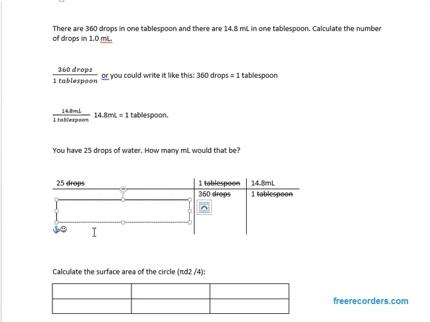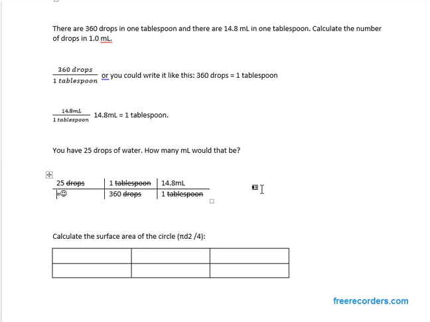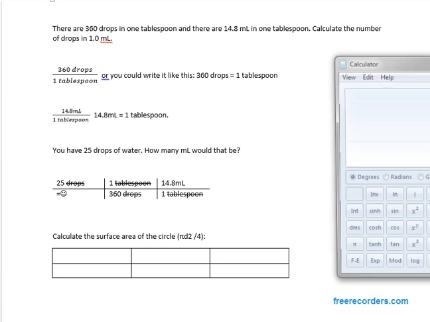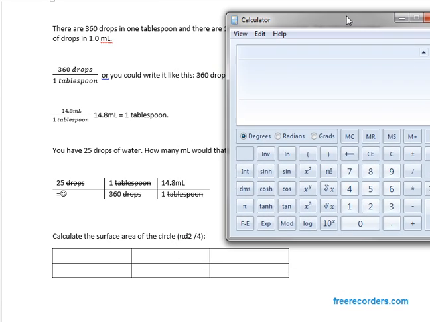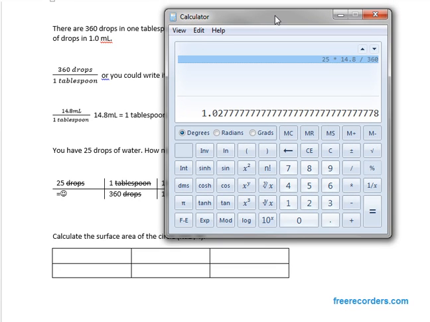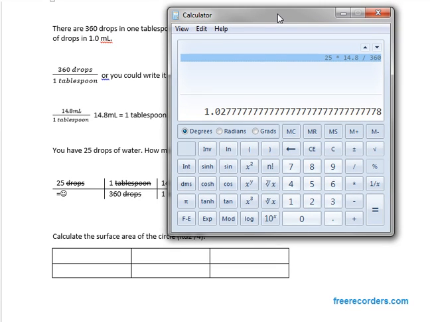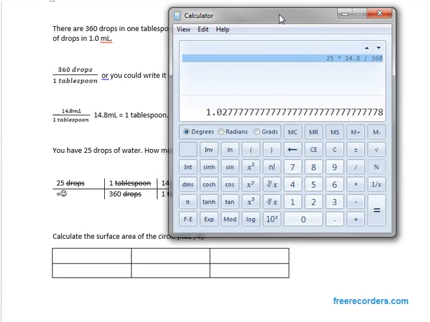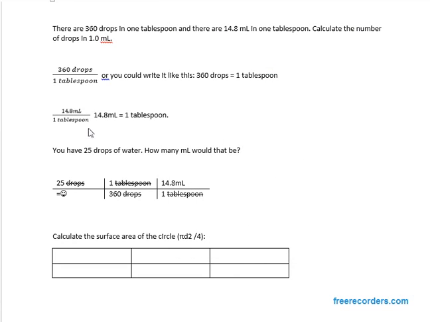Okay, you would do 25 times 14.8 divided by 360. So I will do that for you. 25 times 14.8 divided by 360, and that gives us 1.02, round that up to 1.03. So 1.03 milliliters in 25 drops.